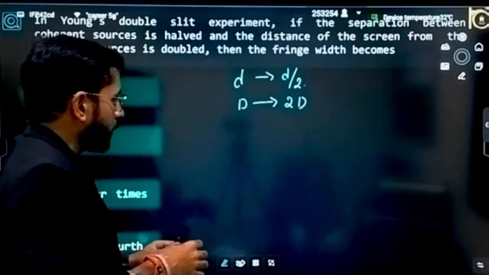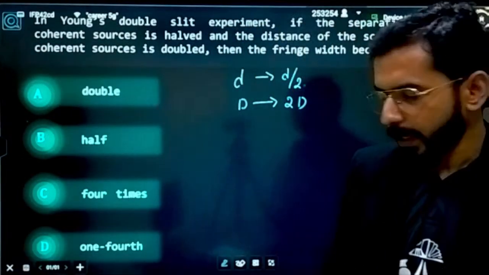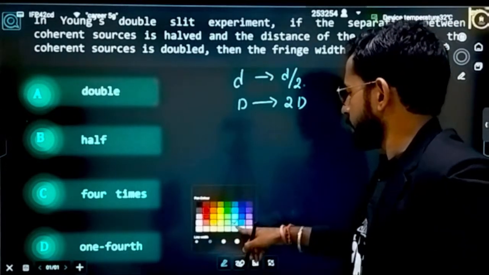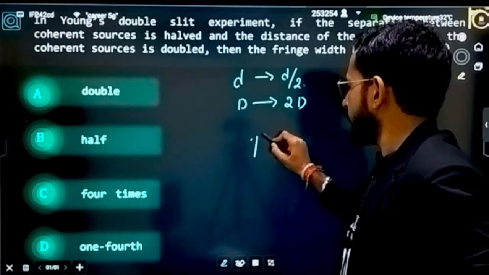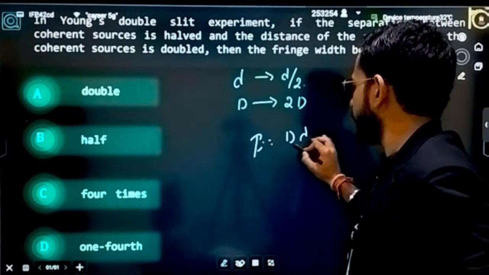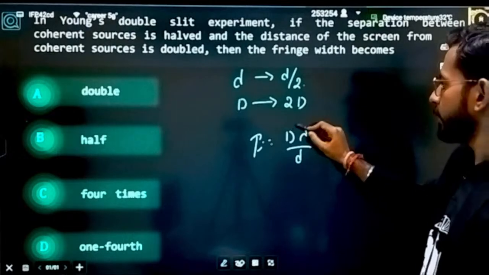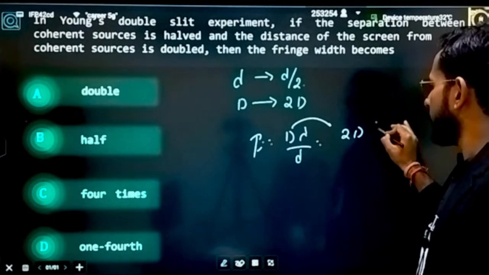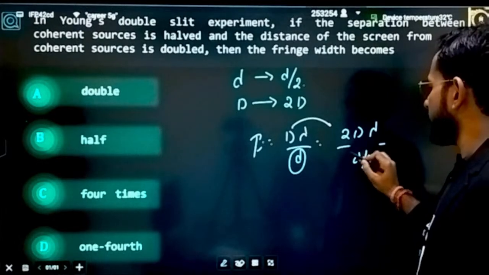So the capital D we have made equal to 2D, correct? So what will be the effect on the fringe width? Batao. What is your fringe width? Beta is equal to D lambda divided by d. This is the basic fringe width. Now what you have done with the D, you have made it 2D lambda divided by small d, which has become d by 2.